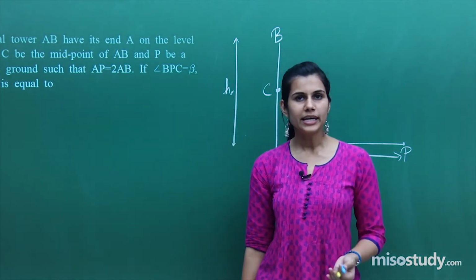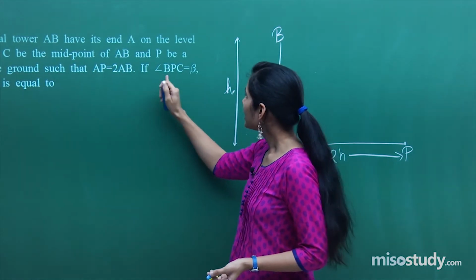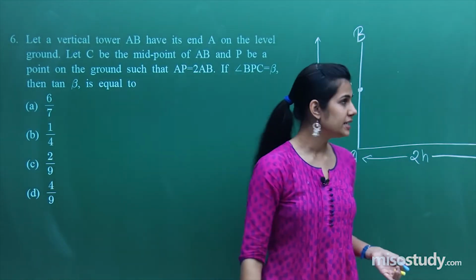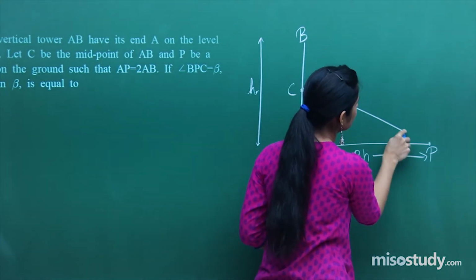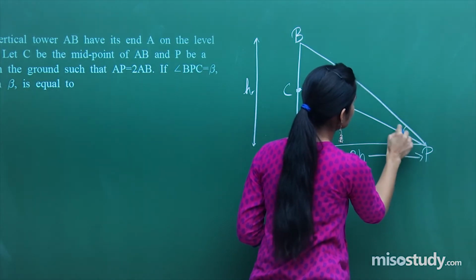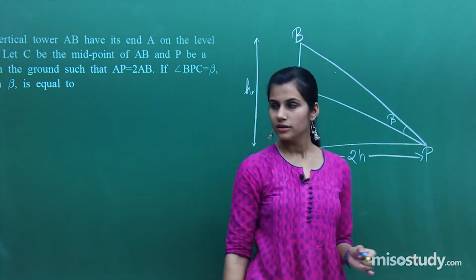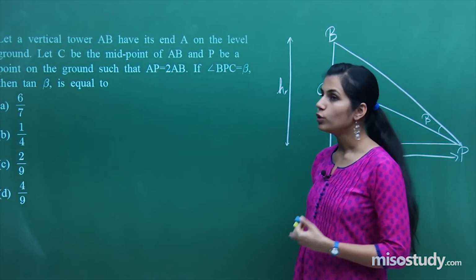Let AB be H, so AP is 2H because AP is twice of AB. If angle BPC is beta, so if this angle is beta, then what is tan beta?